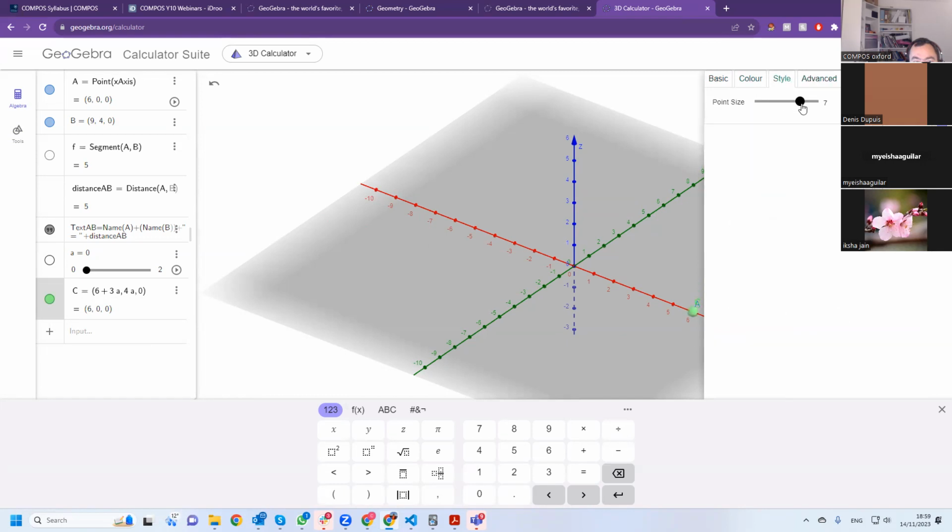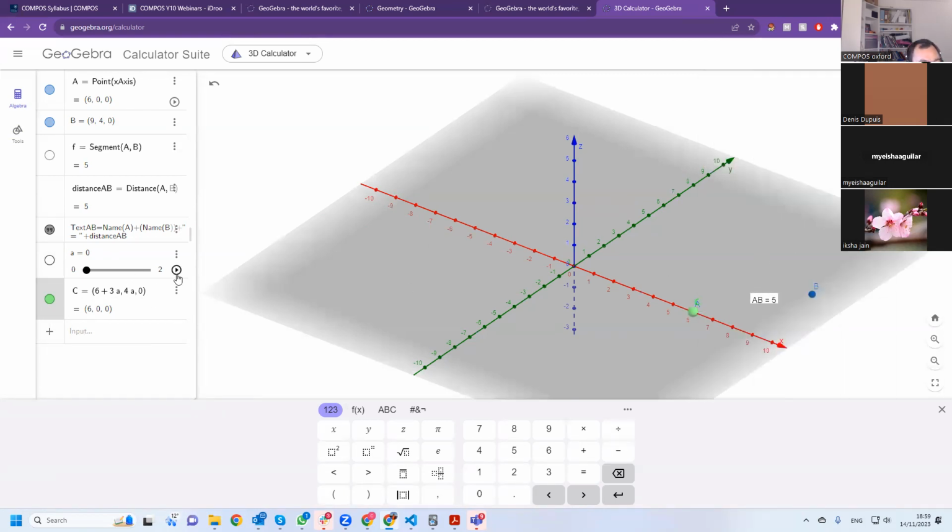Point size. Okay, I press play, and C moves from A to B and goes beyond B. Then it'll probably come back.